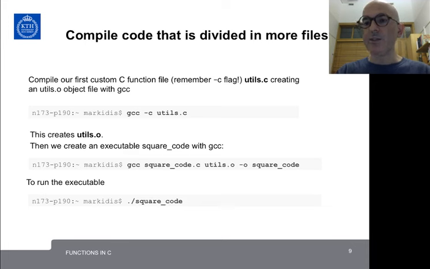Then, as a second step, we need to link this object file with the main to create an executable, in this case called square_code. After we created the executable, we can simply execute it from the command line as ./square_code.